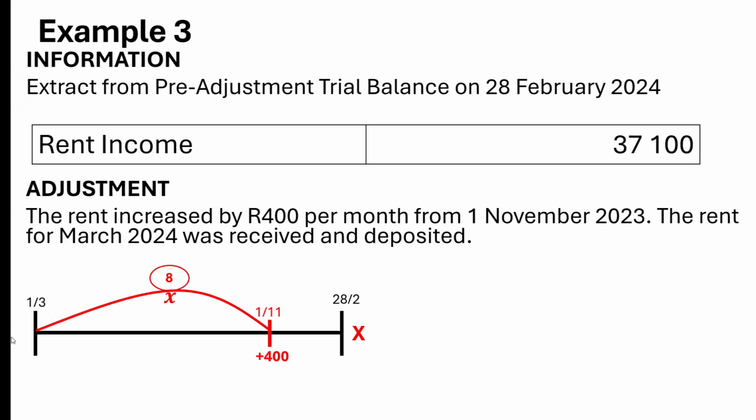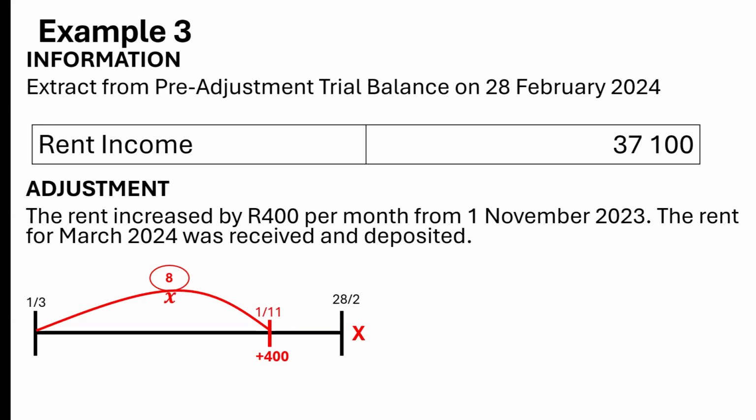So then I say from the 1st of March until the increase, there was 8 months. And rent is X. We do not know what rent is. Rent was X. And how do I know it's 8 months? It's March, April, May, June, July, August, September, October.